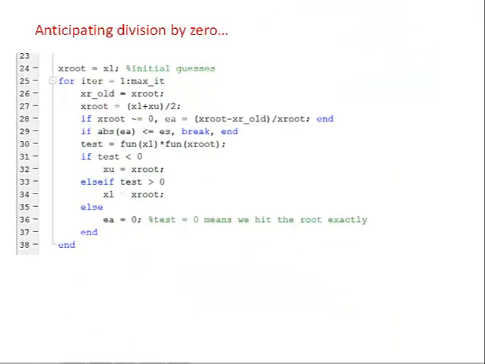Moving to the next section of code, we can see one other modification I made just to check for the case where we might have a division by 0. If we look at our EA calculation, we see we're dividing by x root. And so there's the possibility, which we would hit in particular if we had an initial bracket of xl equals -1 and xu equals 1 or something similar, that x root could be 0.